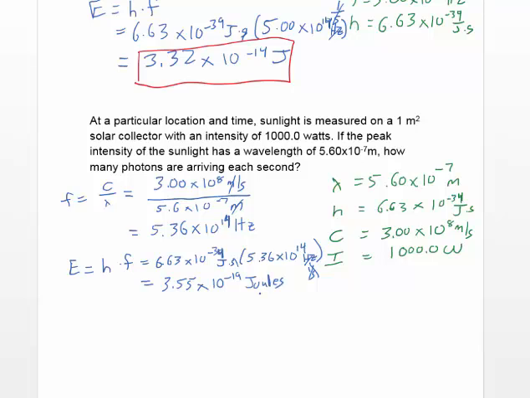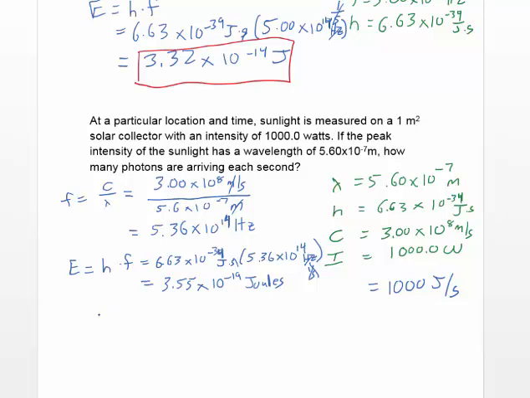Now, the next thing that we want to find is the number of photons. We know what the intensity is. The total intensity of all of these photons hitting at once is 1,000 watts. And if you recall, 1,000 watts is equal to 1,000 joules per second. Now we know how many joules each photon has, and we know how many total, so now we can figure out how many photons are striking each second.